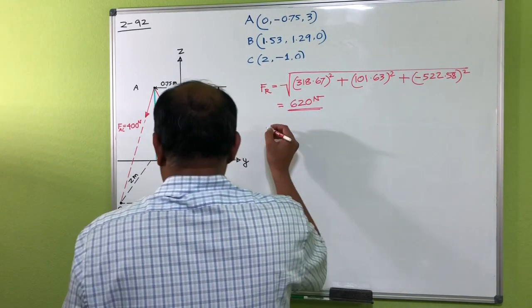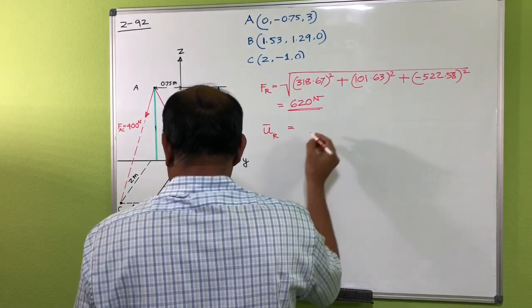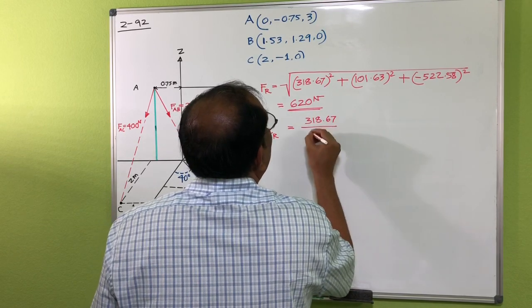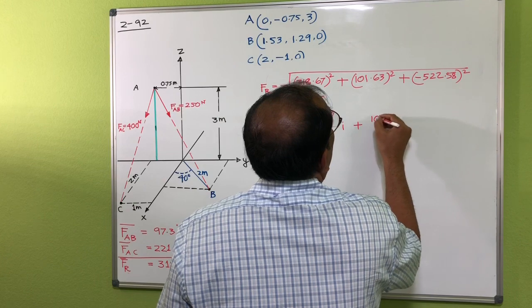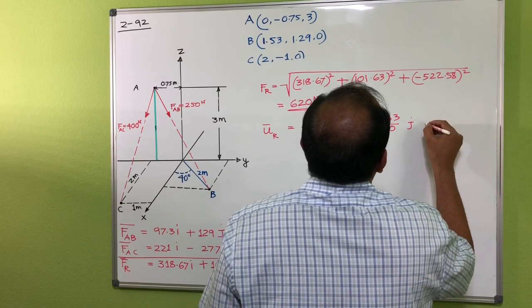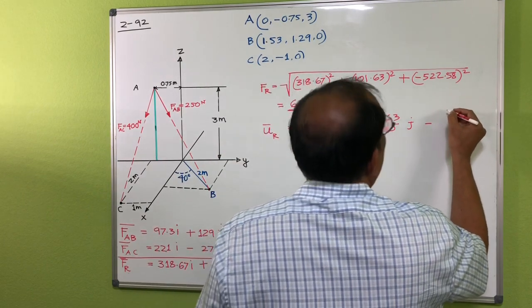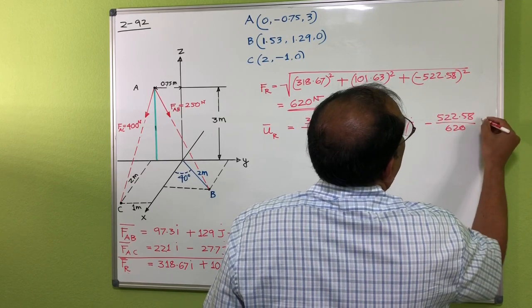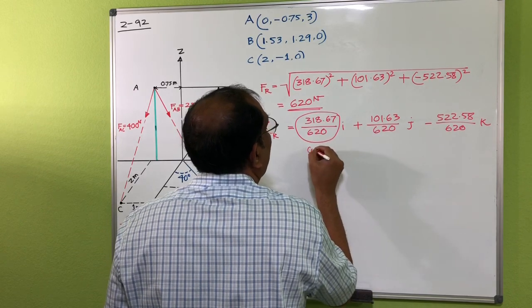So if you want to find out your U resultant, that's basically 318.67 divided by 620 I plus 101.63 divided by 620 J minus 522 divided by 620 K. So basically this is your cosine alpha.